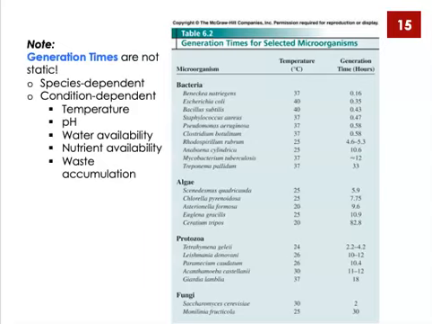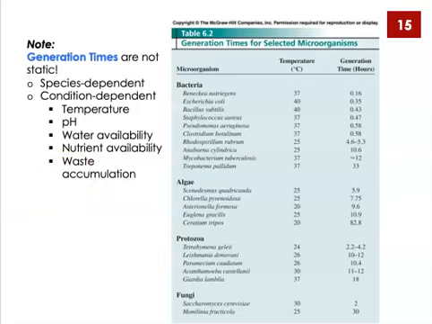So temperature plays a big role in how long the generation time will be. pH is important. The pH of the culture media that we're trying to grow the bacteria in, how much water is available is very important. How many nutrients are available, very important. And also how much waste has accumulated.